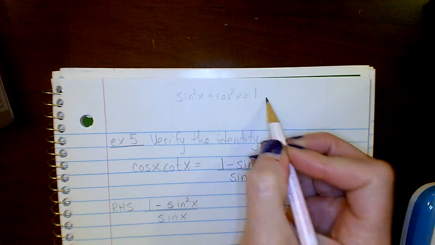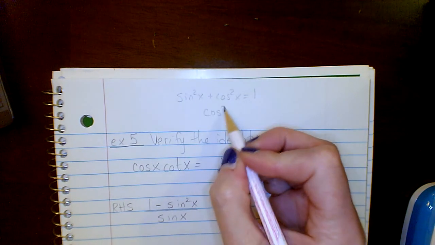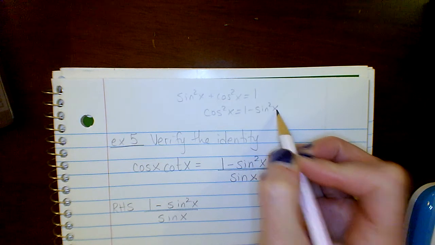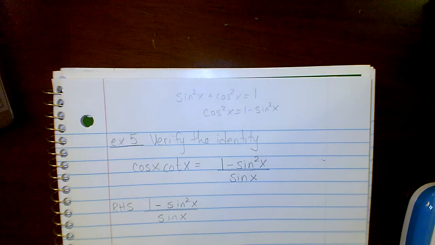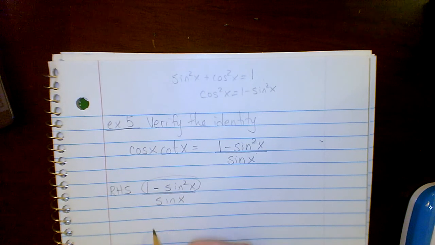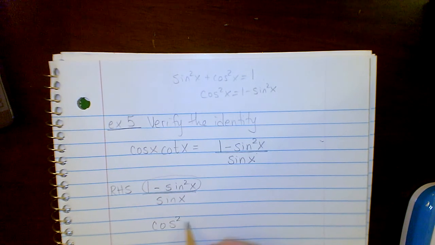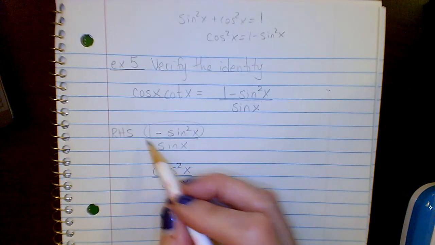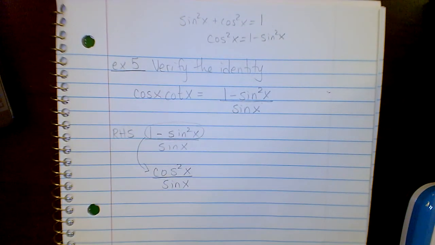So if I subtract sine squared x from both sides of this equation, I get cosine squared x is 1 minus sine squared. So I can replace that 1 minus sine squared with cosine squared. That comes from using a Pythagorean identity.